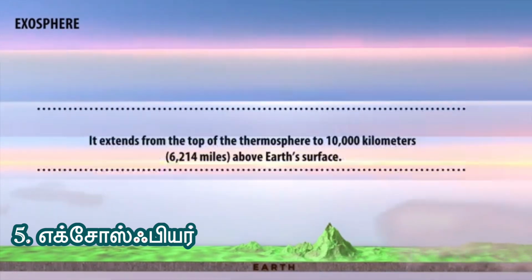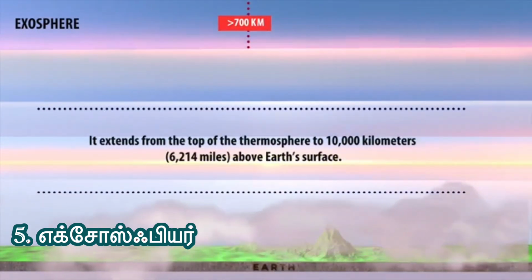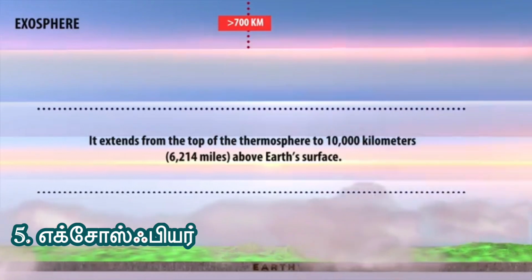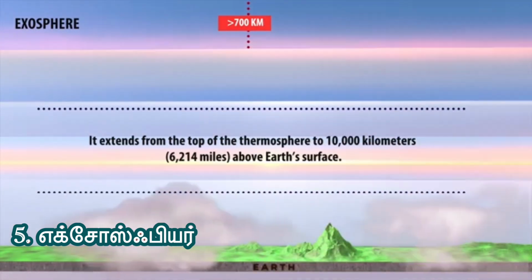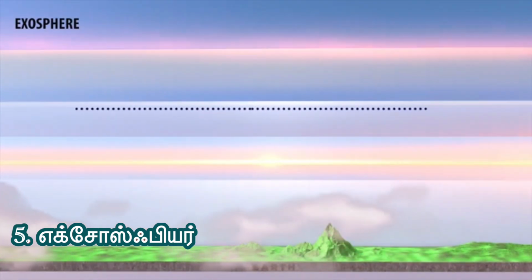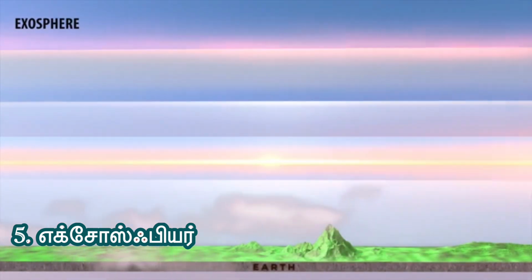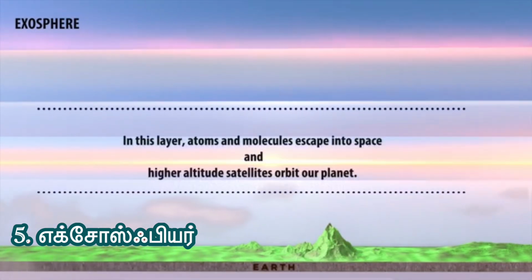This exosphere layer is more than 10,000 kilometers. Just think about how far it is. This is very, very far from the Earth's ocean level, and this is the farthest layer.